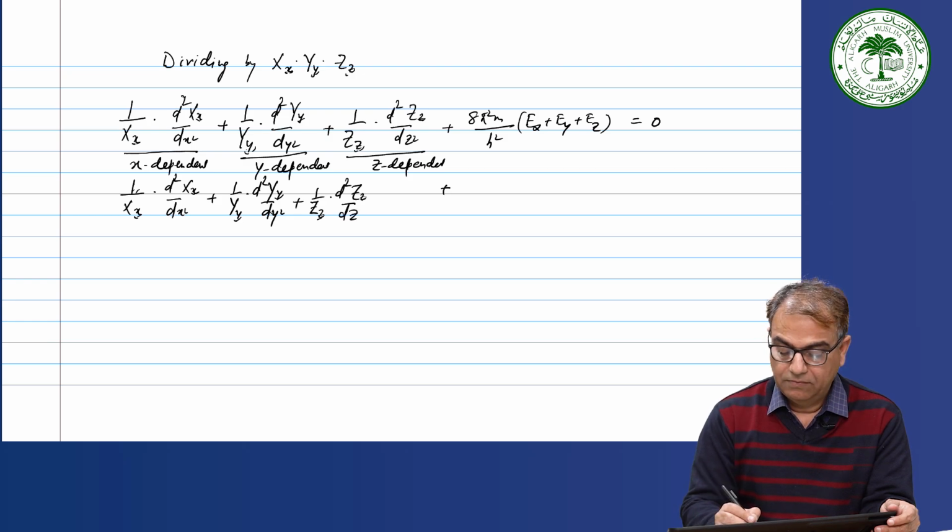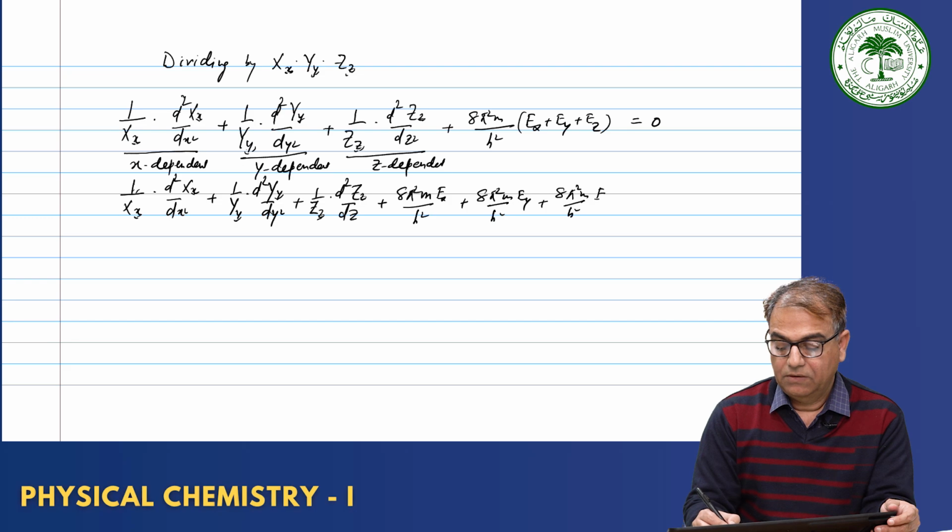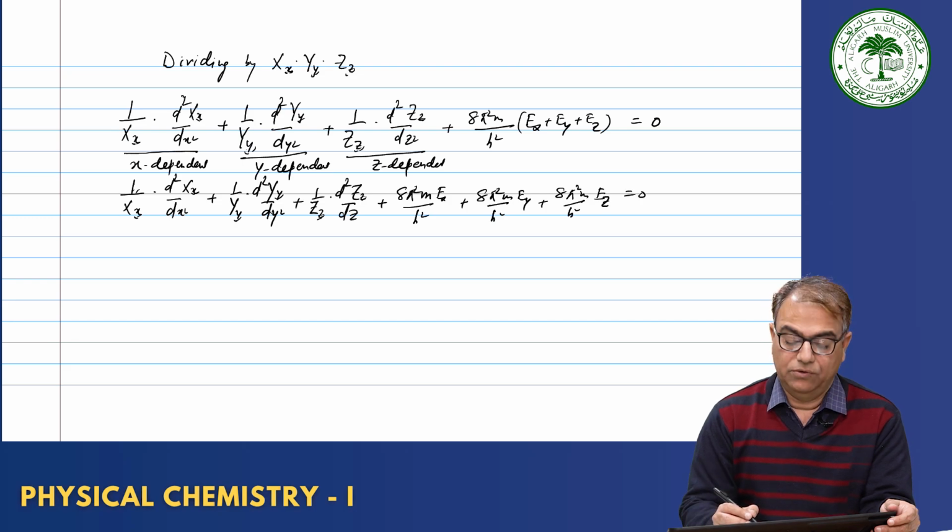Then this part we can write as 8 pi square m Ex divided by h square plus 8 pi square m h square Ey plus 8 pi square m h square Ez is equal to 0.